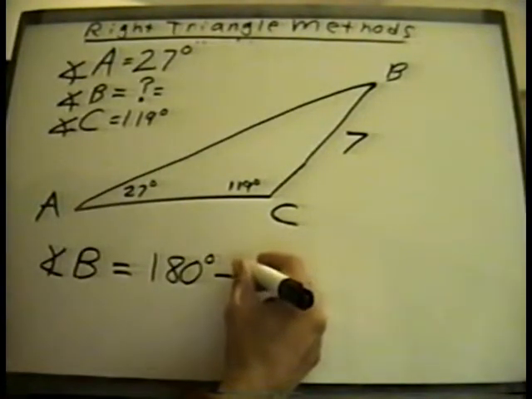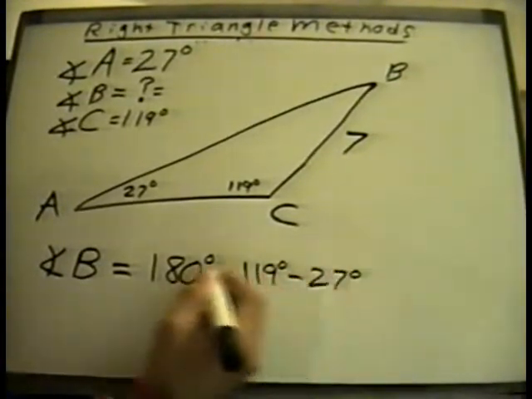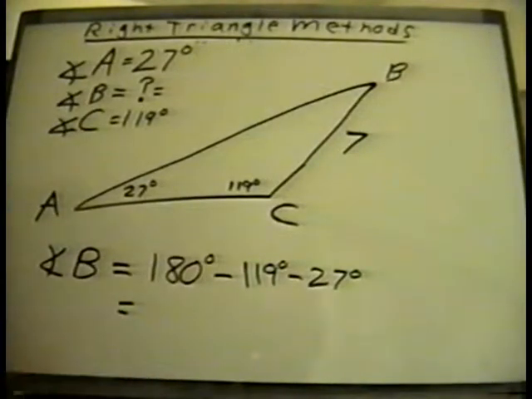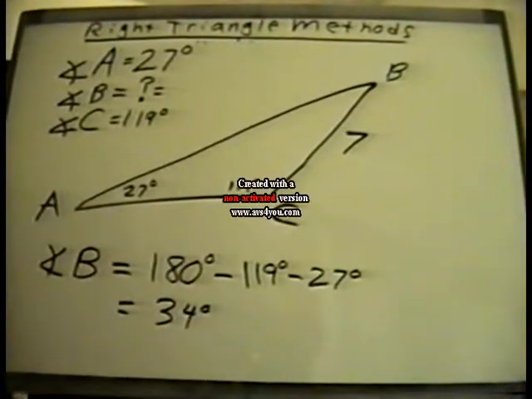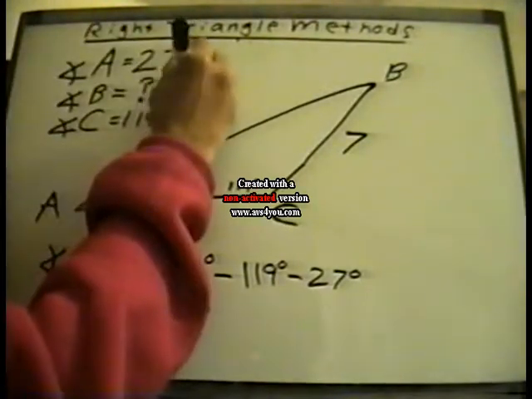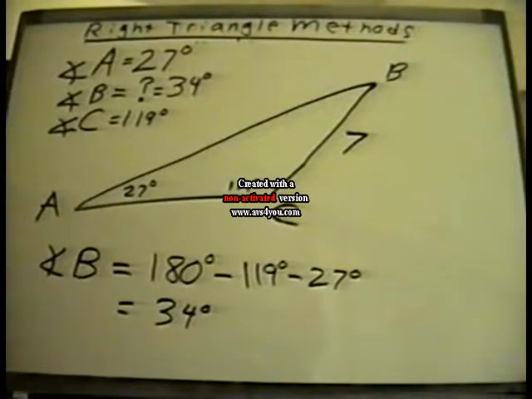Angle B is equal to 180 degrees minus the other two angles, minus 119 minus 27 degrees. Okay, so that comes out to 34 degrees. So angle B is equal to 34 degrees.